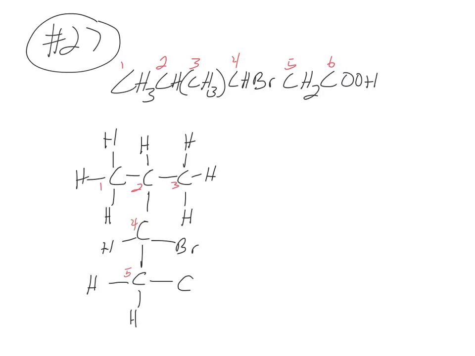You see the COOH. So it has to be a double bond, right? This carbon is double bonded to one of these oxygens, and the other one is an OH. This is carbon 6. This whole thing is a carboxylic acid. We see the COOH, that's a carboxylic acid.